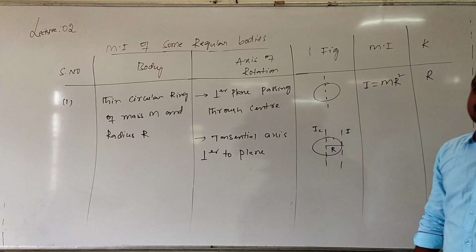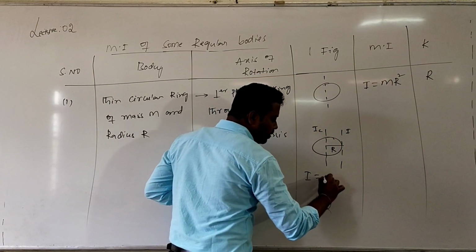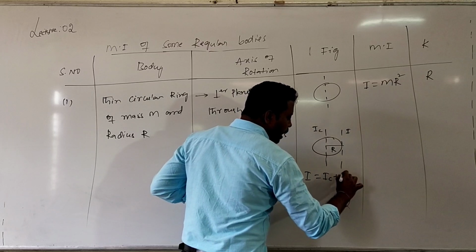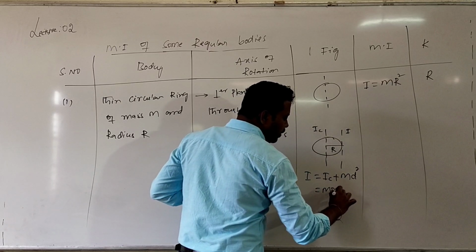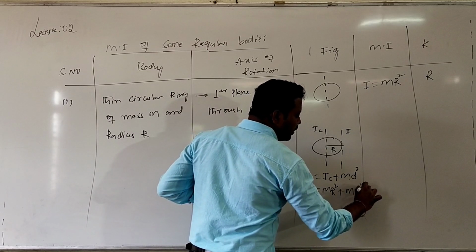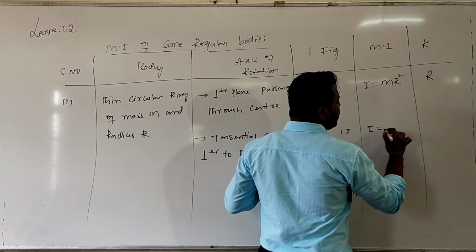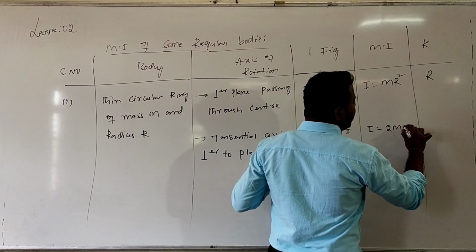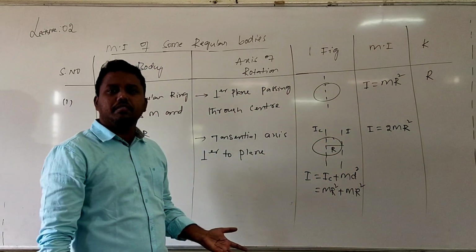According to the parallel axis theorem, I is equal to IC plus capital M into D square. IC is mr square plus capital M into D square, where D is R, so R square. So the final expression is I equal to 2 into capital M into R square, right? So here we apply the parallel axis theorem.